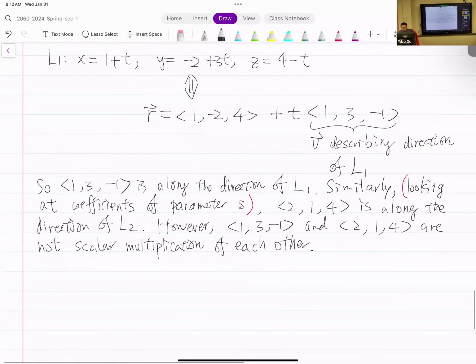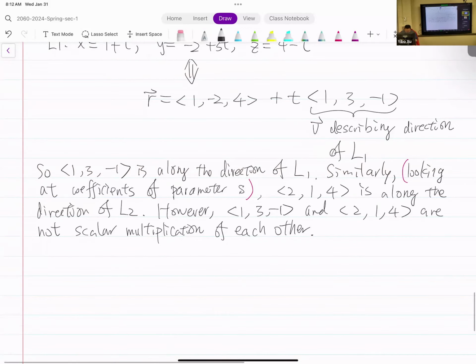If you think about it, within a single plane, two lines are either parallel or they intersect, right? But in three-dimensional space, it's possible that we see two lines like this, L1 and L2. They do not intersect and they are not parallel.